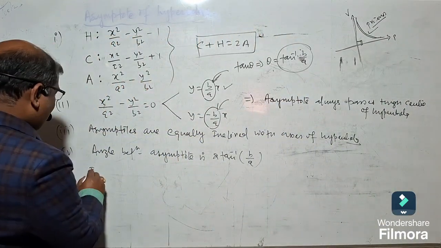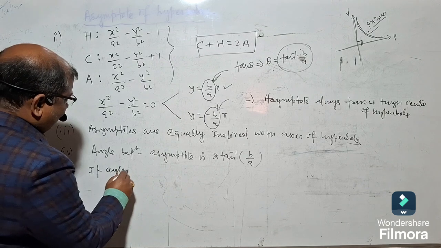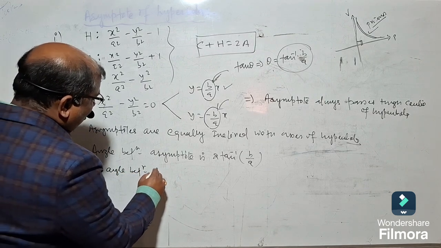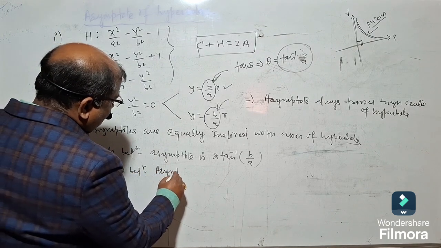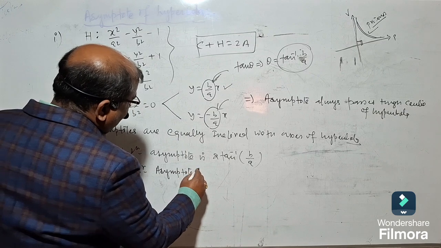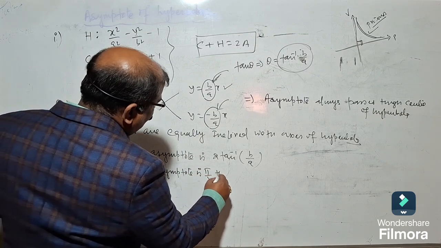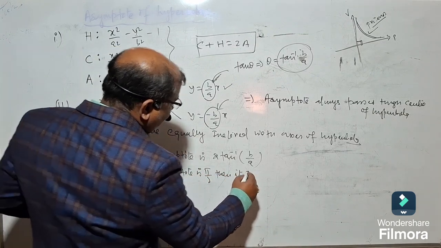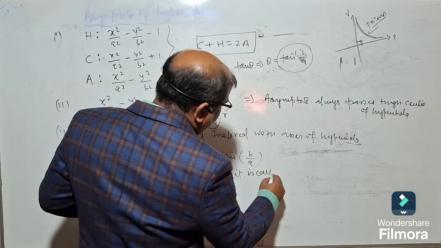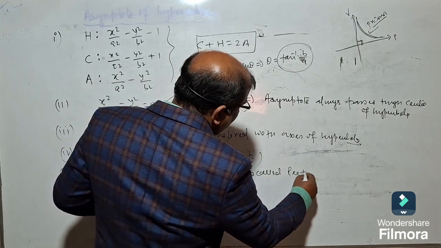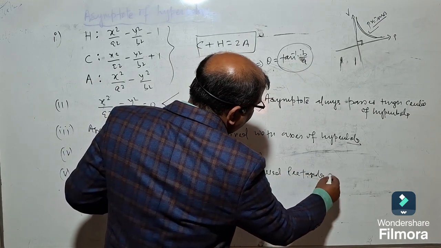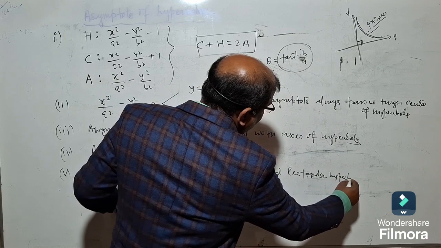So if the angle between asymptotes is pi by 2, then it is called a rectangular hyperbola.